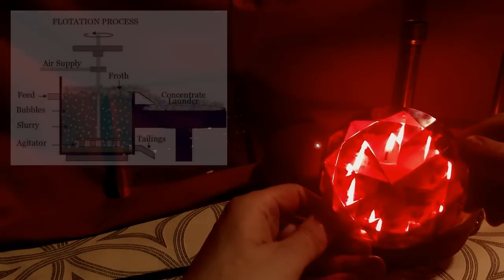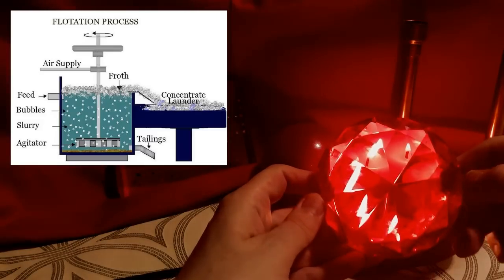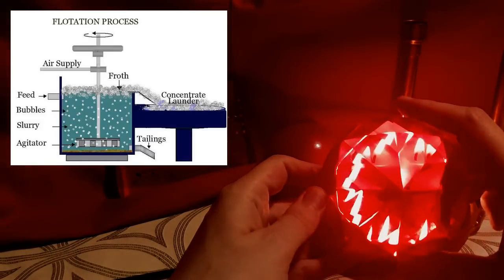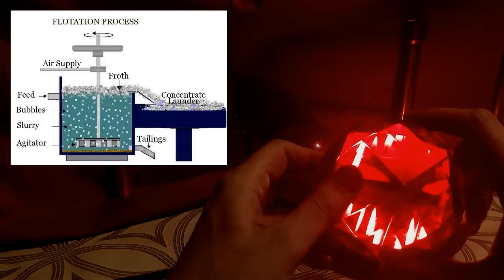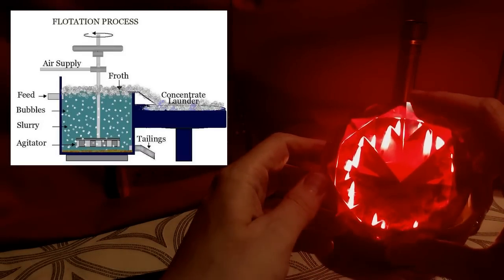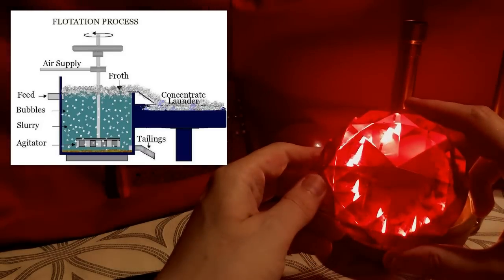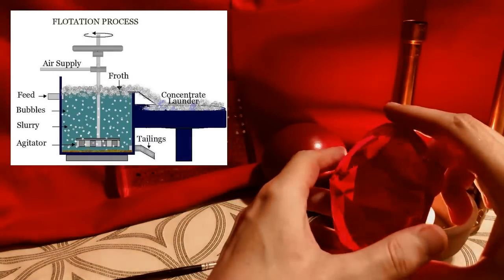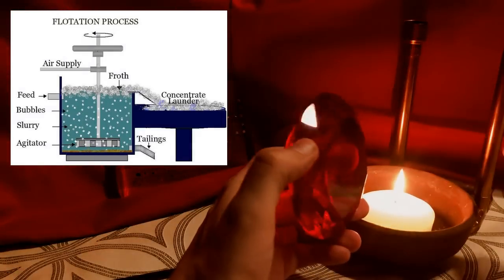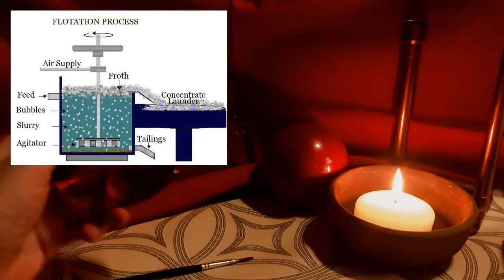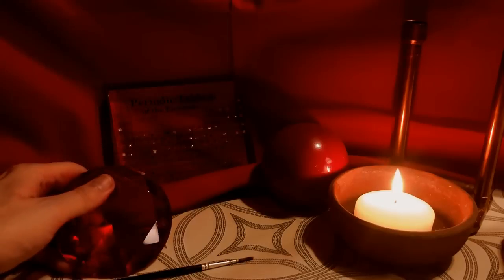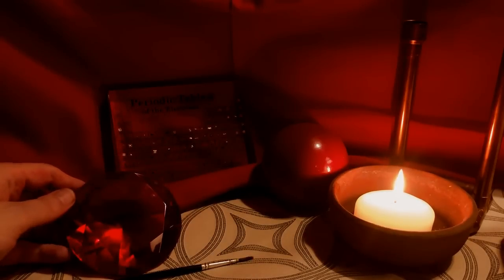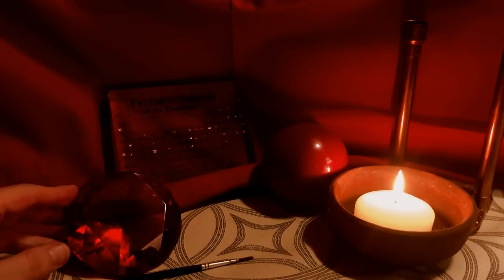Froth flotation is a process that separates minerals from worthless materials by exploiting their hydrophobicity, how much they are attracted or repelled by water. You know what hydrophobic and its opposite, hydrophilic, means.